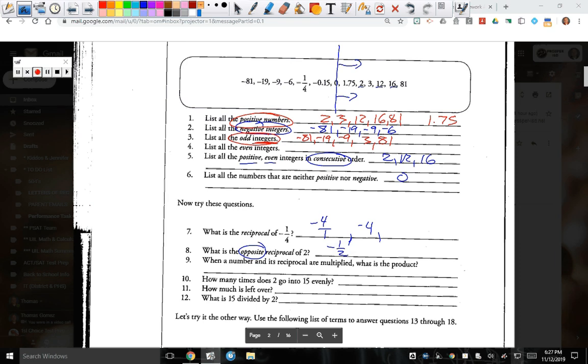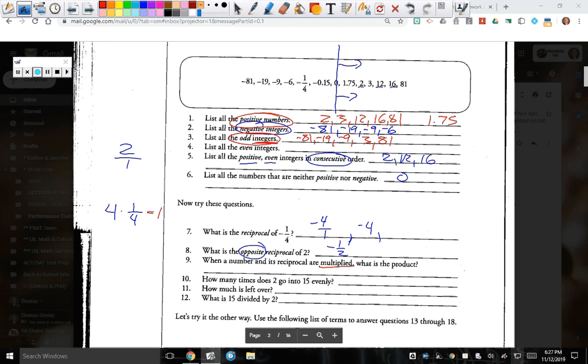Because 2 is understood to be over 1 by default. When a number and its reciprocal are multiplied, give me a number, any number. 4. What's the reciprocal of that? 1/4. And if we multiply these, what do I get? 1. Always. A number times its reciprocal will always be 1.